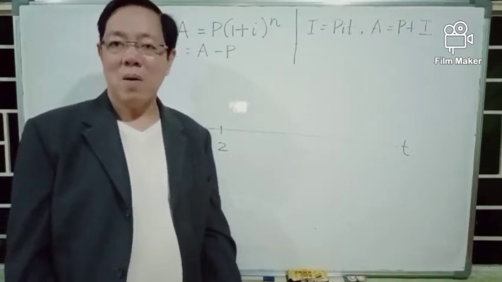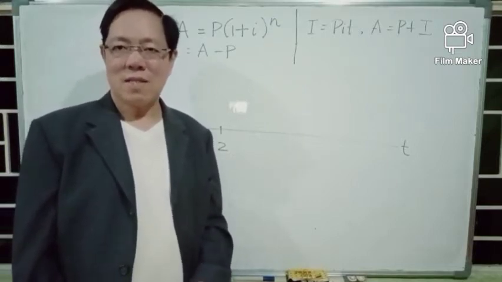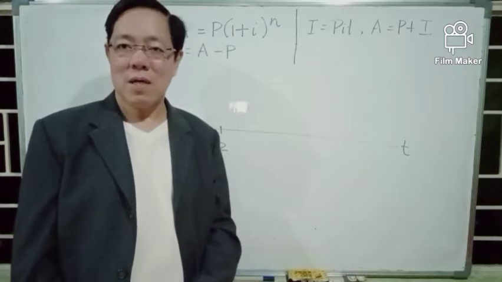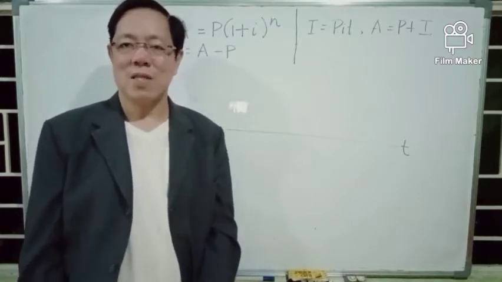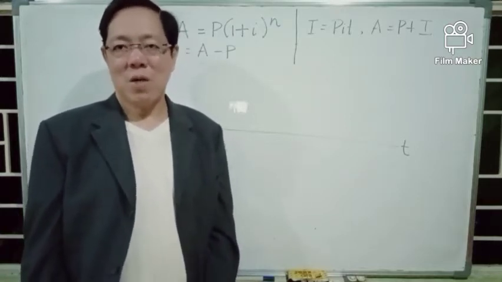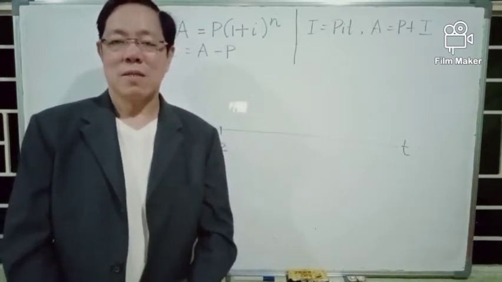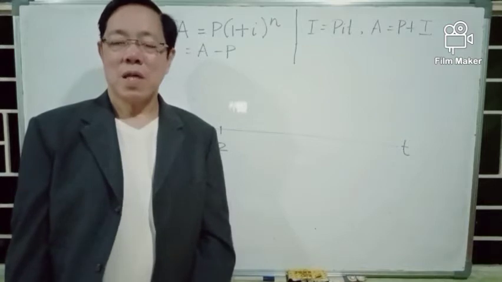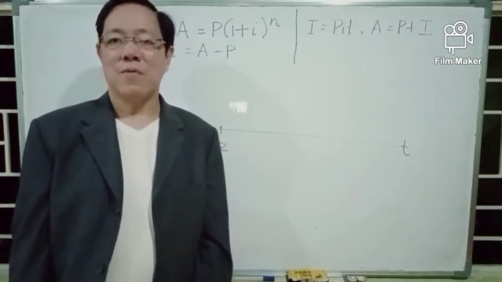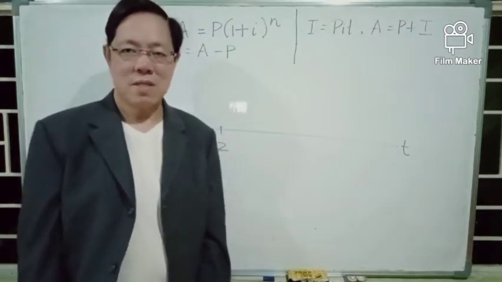how the amount of compound interest is computed at the given compound interest rate. We suppose that the interest is computed annually, that is every year, every 12 months.